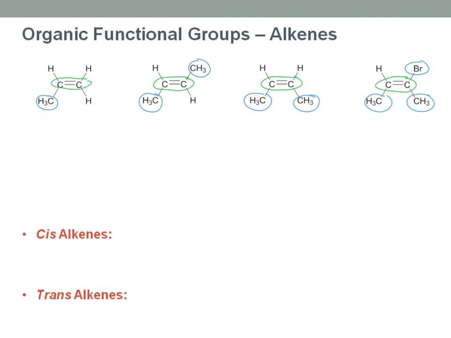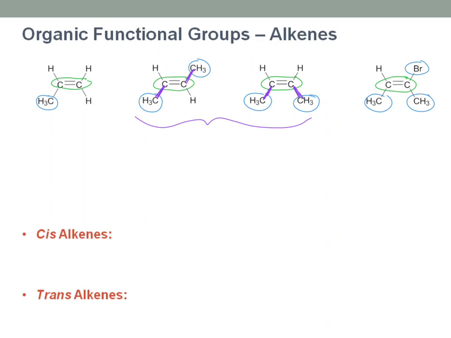The only time that I need to use cis and trans is when I have one thing coming off of each of the two carbons. So I have two things all together. Here I have one thing coming off of this carbon and one thing coming off of that carbon. Here I have one thing coming off of that carbon and one thing off of that carbon.